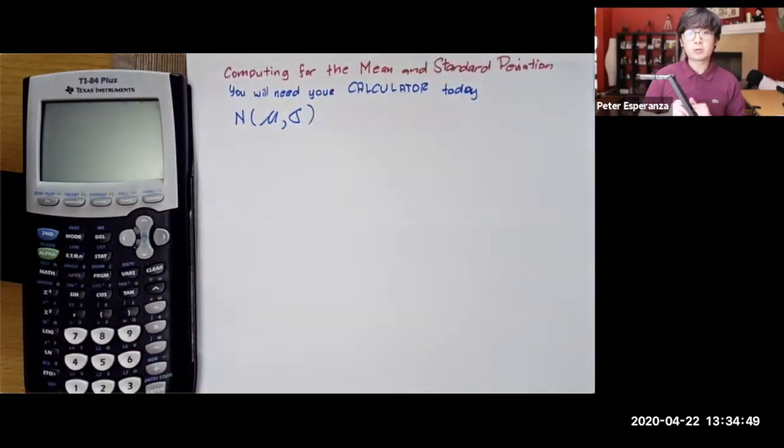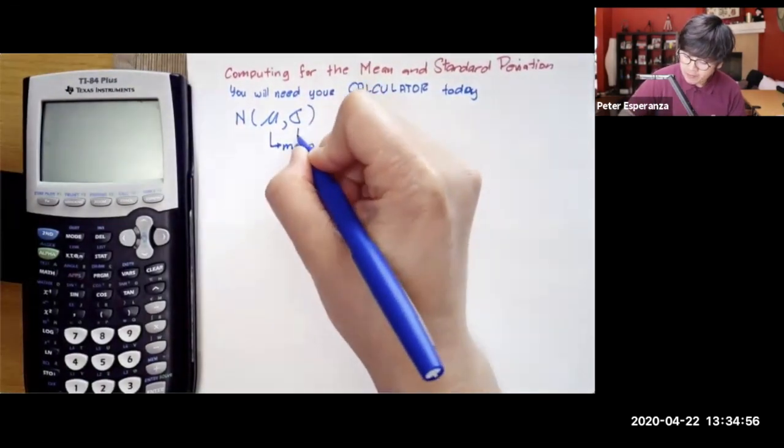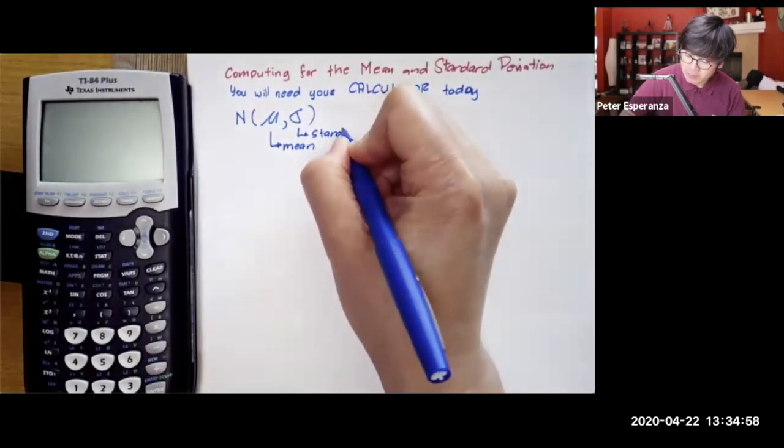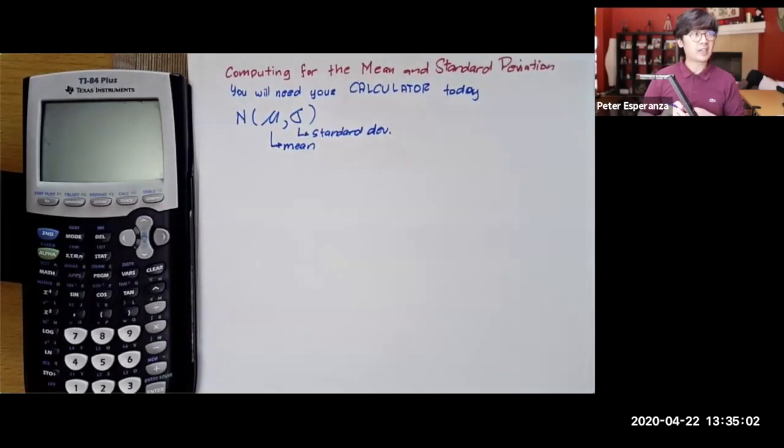So those are the two Greek symbols that we used for the mean and for the standard deviation of a group data set.